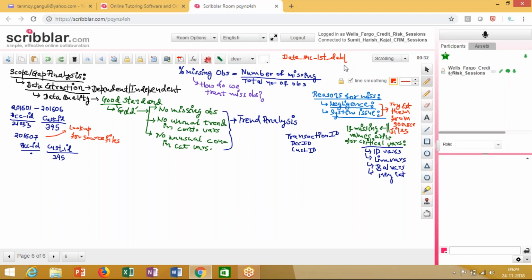So this is the next part. Now date since last delinquency is a variable which is populated if and only if you have been delinquent at some point of time or the other, right? So date since last delinquency is populated if and only if I have been delinquent at some point of time.